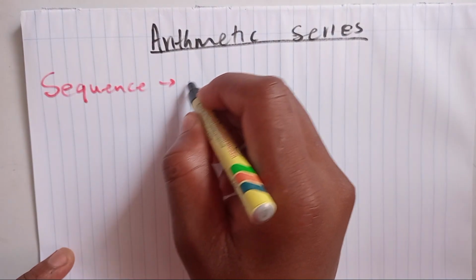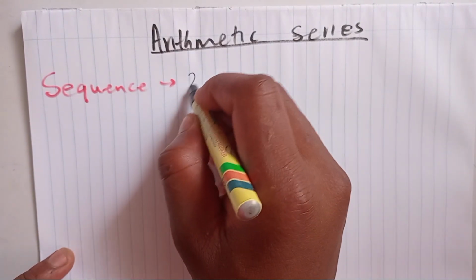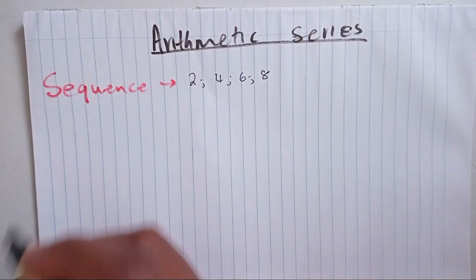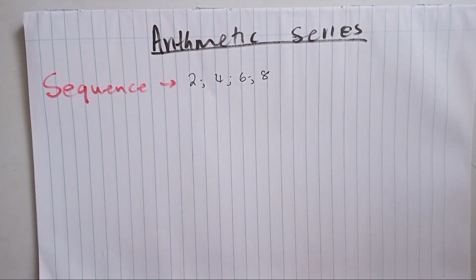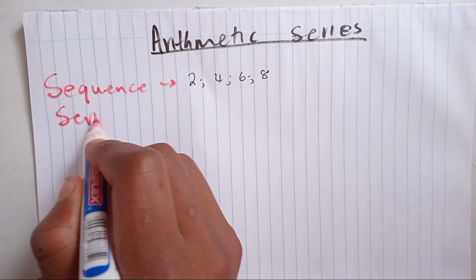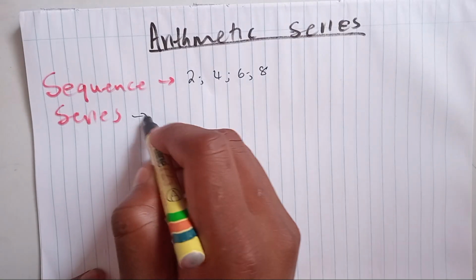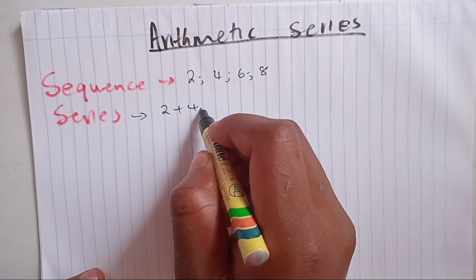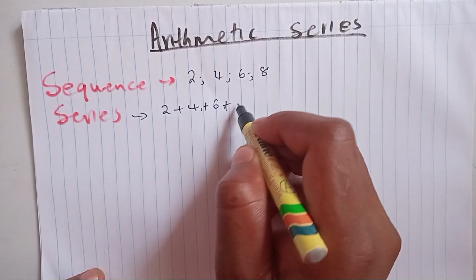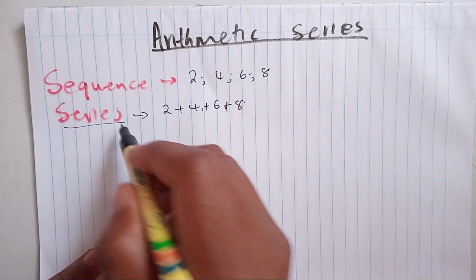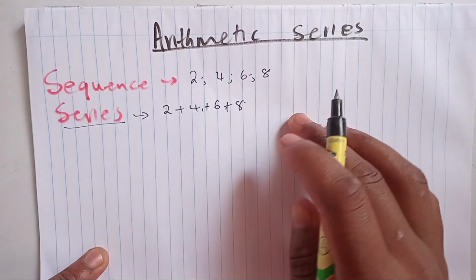A sequence, let me just say, 2, 4, 6, 8. I just want you to get the difference, guys. And then we have a series, which will be like 2 plus 4 plus 6 plus 8. So in short, a series is the sum of all the terms.